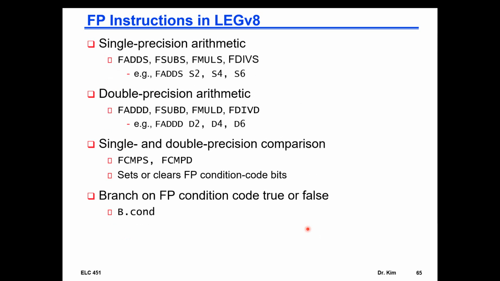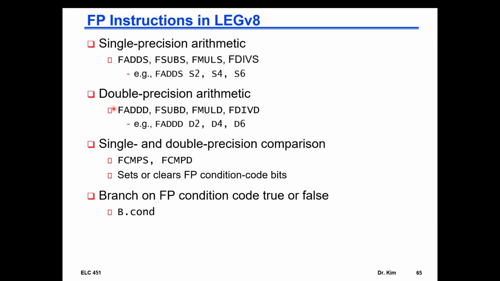These are some of the single precision arithmetic instructions: floating point add, subtract, multiply, and divide, single precision. So you could say floating point add, single precision, these two single precision registers, and the result goes in this single precision register.